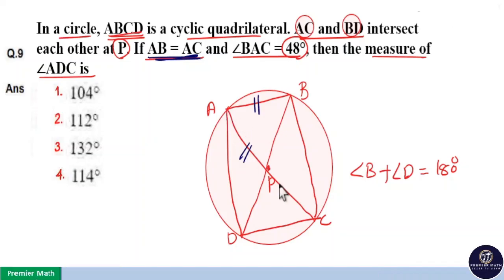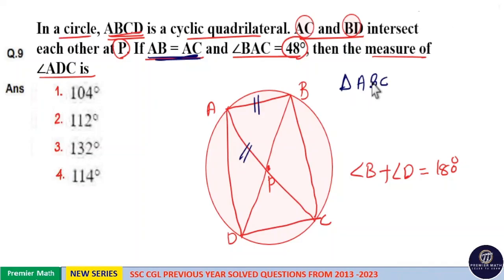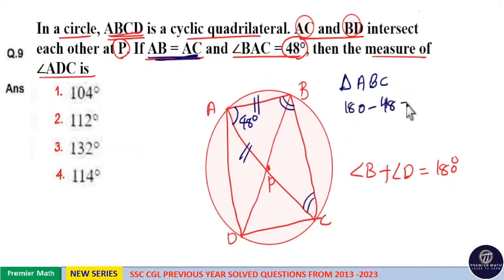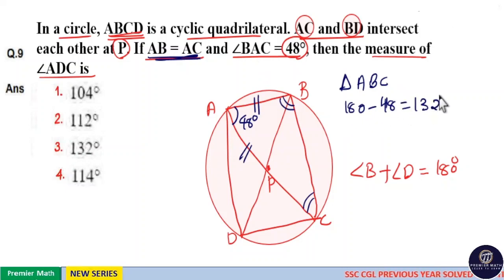Then if you consider this triangle, in triangle ABC, these two angles are equal because these two lengths are equal, so these two angles are equal. And here question says angle BAC is 48 degree, which means these two angles are 180 minus 48 is equal to 132 degree.